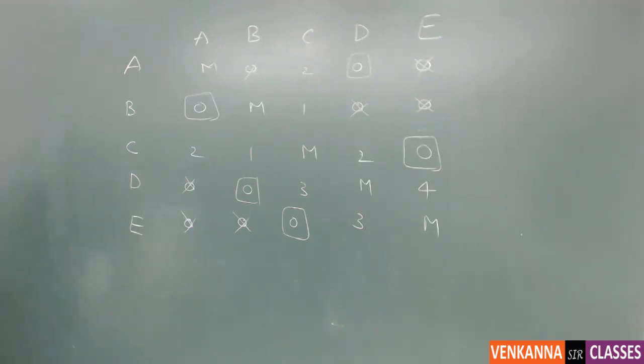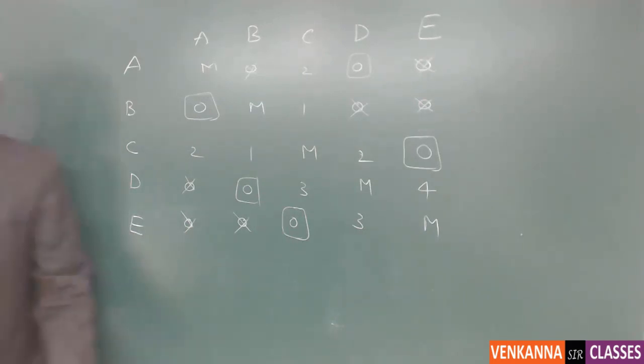Did all of you finish this? Okay, give me the values then, A and B. So you have performed both the things, row reduction as well as column reduction.